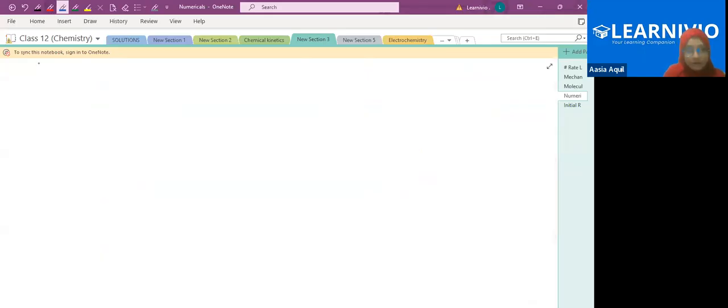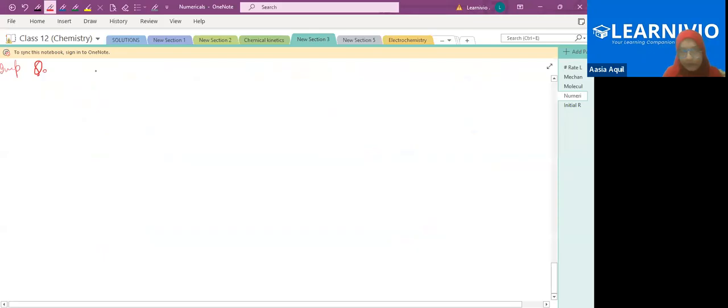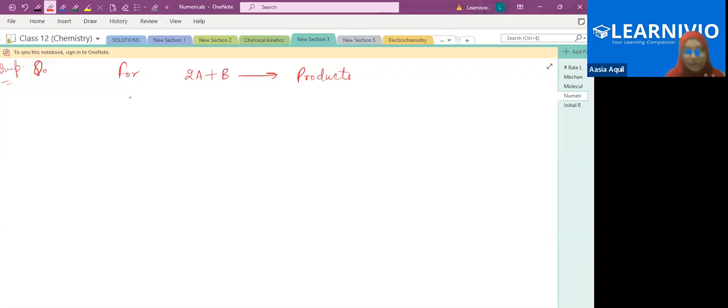Next question. See, this is a very important type of question. Suppose 2A plus B gives some product, right? Because for the rate of reaction, we don't need the product, we have to deal with the reactants, right? So 2A plus B will react to form some product.